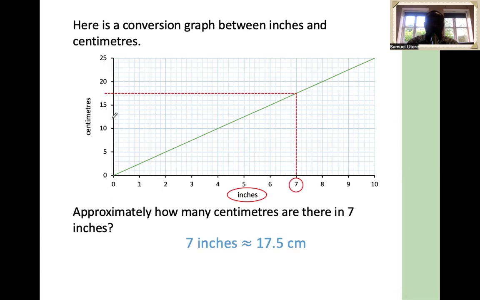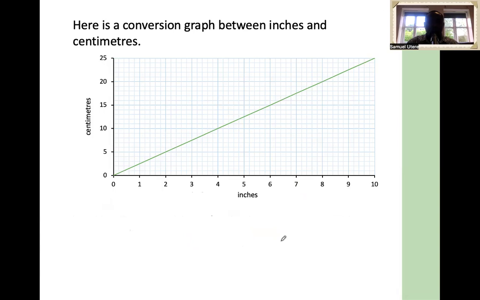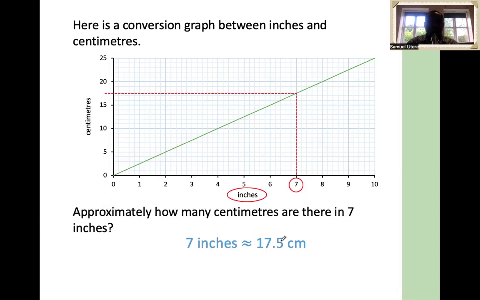About 2.5. So it means 7 inches is approximately 17.5 centimeters. Now take note of this information because it will become useful in the future. So using our conversion graph, 7 inches is equal to 17.5 centimeters.